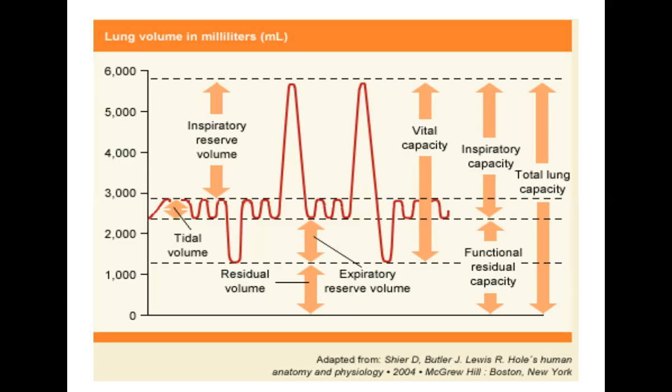The expiratory reserve volume, the vital capacity, the inspiratory capacity, the functional residual capacity, as well as the total lung capacity, which is about 6000 ml, and the functional residual capacity is about 2500 ml or 2800 ml, whereas the inspiratory capacity is about 3800 ml.